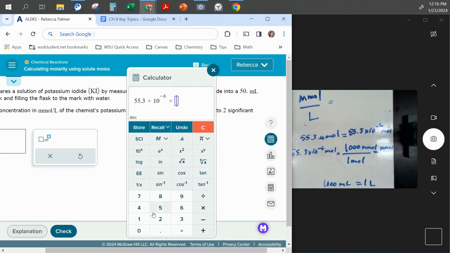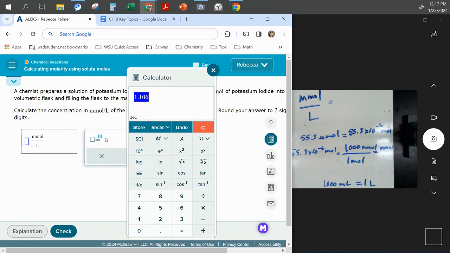If I multiply by 1,000, I'll get millimoles. And then I'm going to divide by the number of liters. I'm converting this to liters in my head, moving the decimal 1, 2, 3: 0.05 liters. And this is my number. We can only have 2 sig figs, so I'm going to put 1.1.